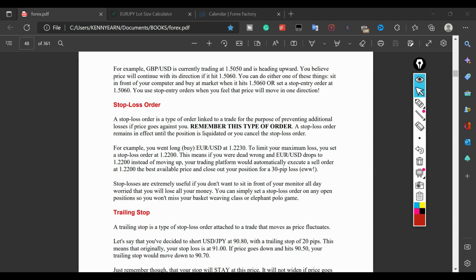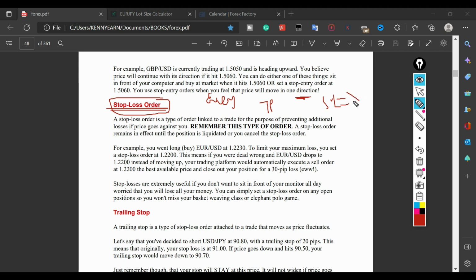All right, the next market order is a stop loss order. This one is not really a trade order, but it's very important. Every trade you take in the markets must have a stop loss. So if you're taking a trade now at the market price, they're going to ask you for your TP and SL. Your stop loss is the price or level that you want the market to get to and stop you out.